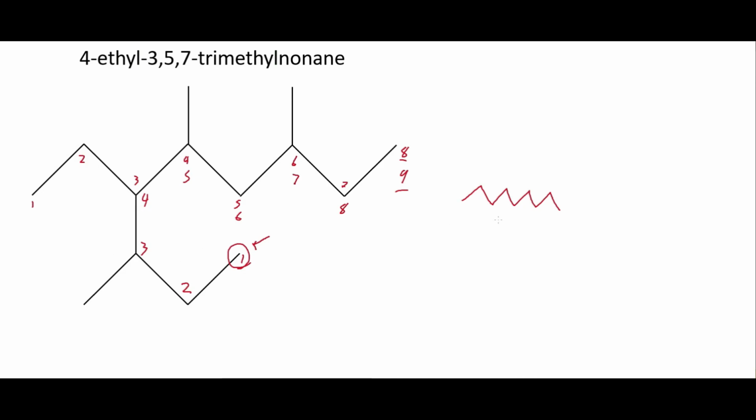So this is on the third one. So we have a methyl group there. We have an ethyl on the fourth one right there. Then we have methyl on the fifth. We have another methyl on the seventh, like that. So if you wanted to straighten it out so it looked like that, so that we have the 9 in this nice back and forth here.